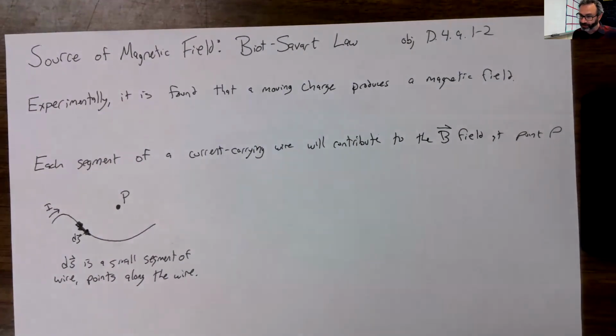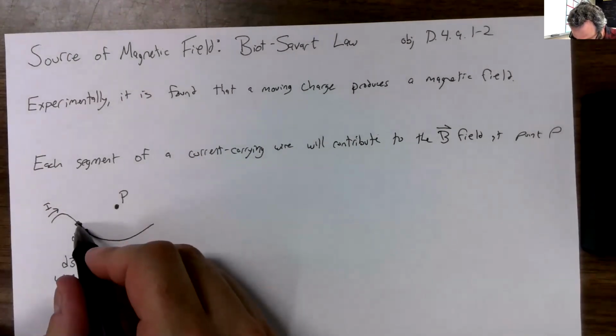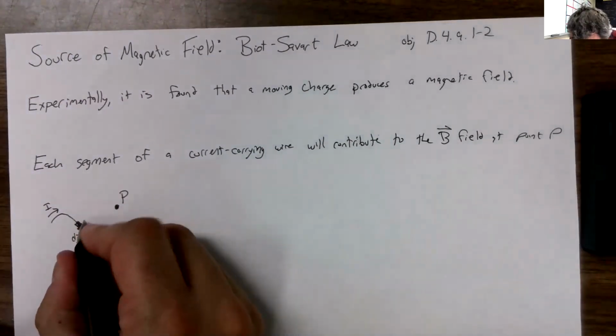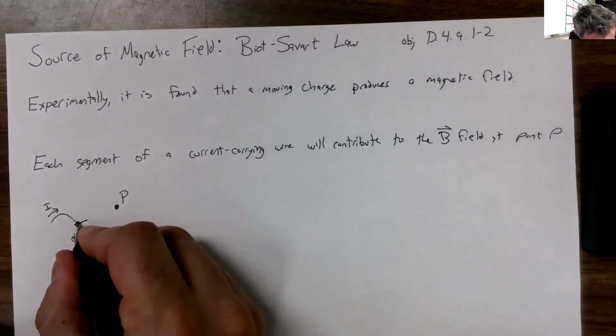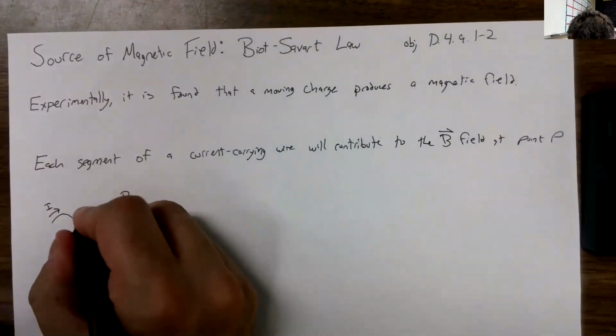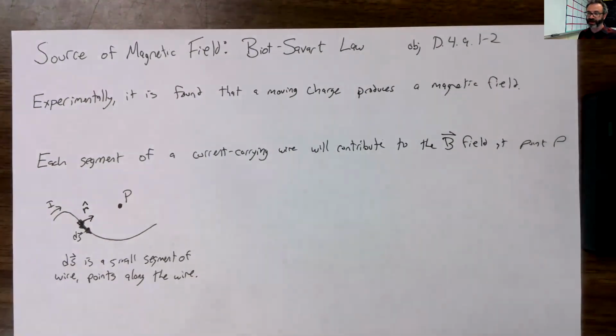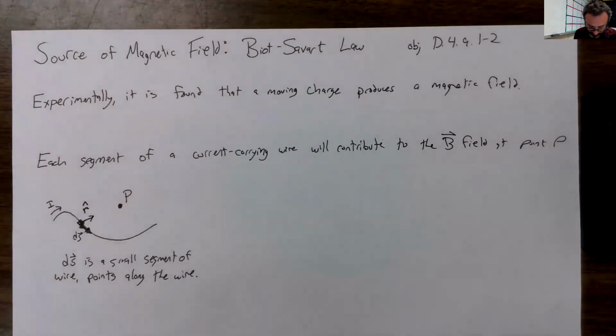We need another vector, and this should look familiar from when we did electric field. The vector that points from our segment of wire to the point P we're going to call the vector r. And r hat is the direction.